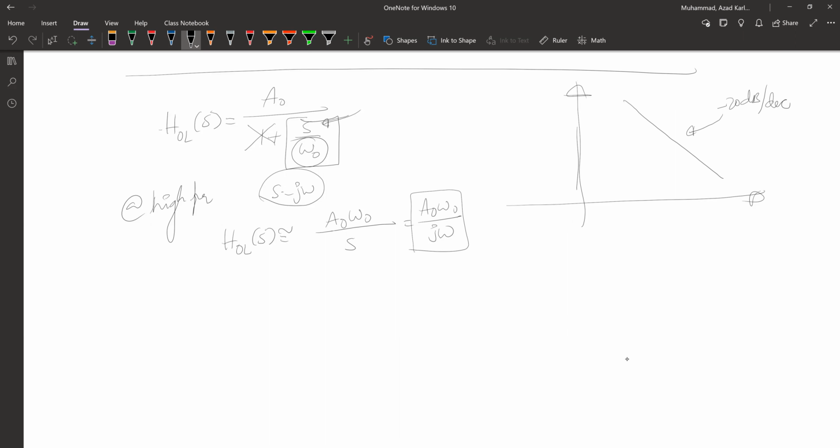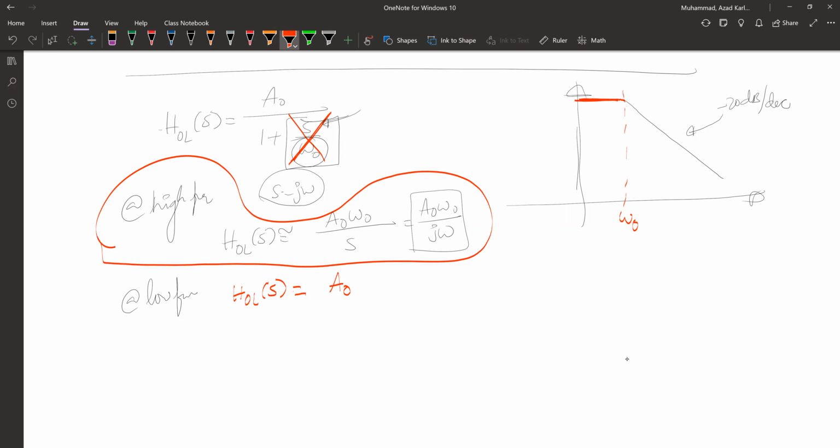And at low frequency, S is not large enough, so we ignore S over omega naught with respect to 1. So H open loop just behaves like a constant value A naught. This is how the low frequency value behaves. So just keep in mind how the high frequency behaves.